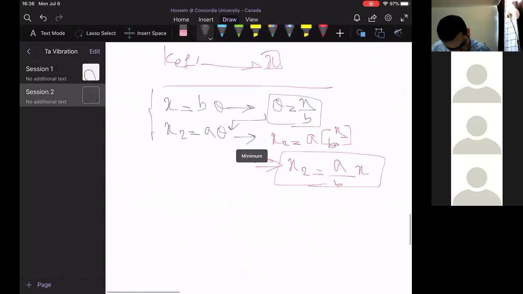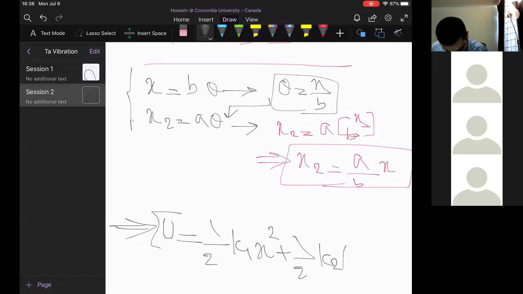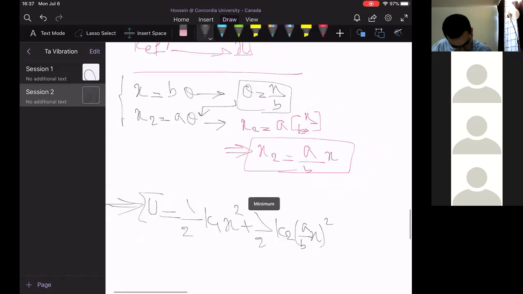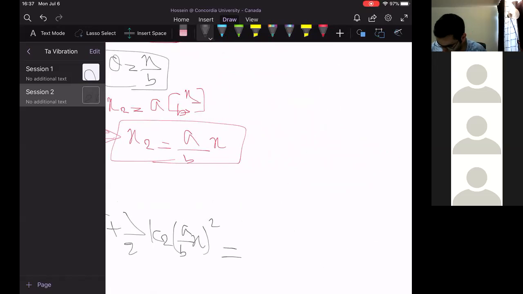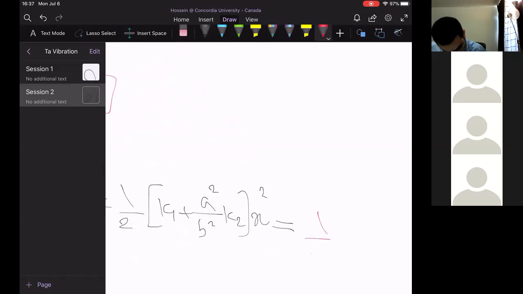Therefore, the total potential energy would finally be 1/2 k1 x squared plus 1/2 k2 (a over b x) squared, which is equal to 1/2 (k1 plus a squared over b squared multiplied by k2) x squared, which you have to write equal to 1/2 k effective x squared.